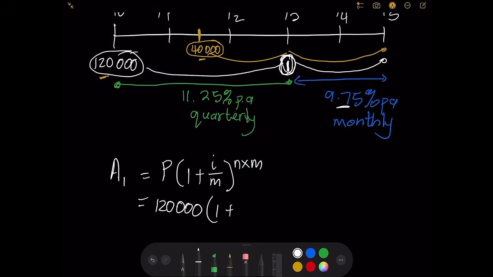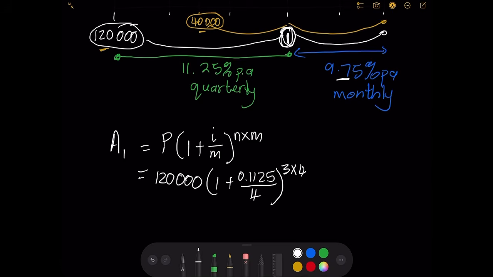That's going to be 1 plus, the interest rate was 11.25%, but remember you divide by 100, so that's 0.1125 divided by 4, that's quarterly, and in this case, that's the 3 years multiplied by the 4 quarters in 1 year.